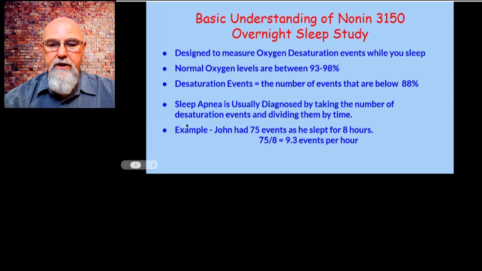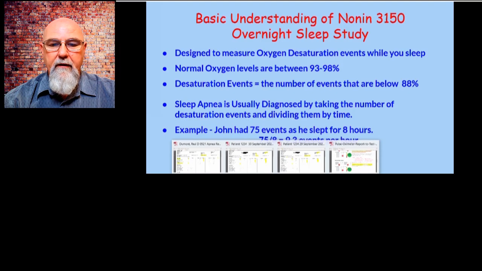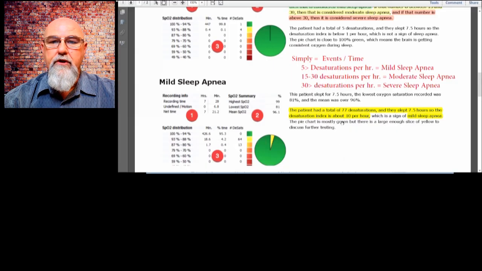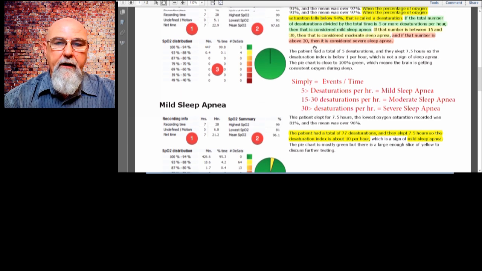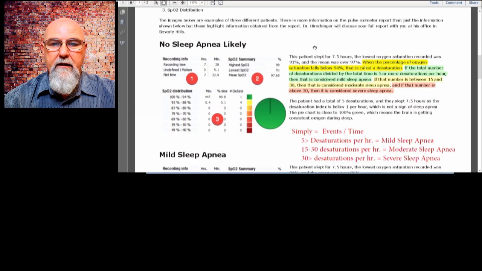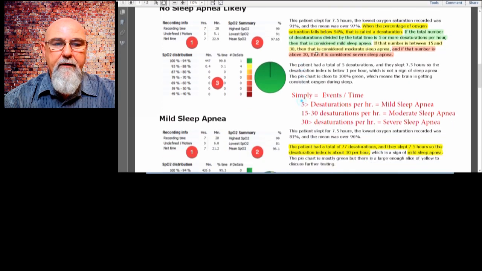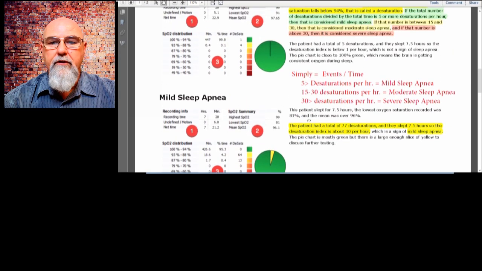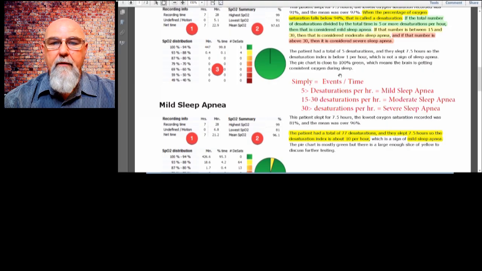Okay, so we kind of got a basic understanding. Let's go look at some tests so we can get an example. So I'm going to go over here to some tests that I had saved. And the first thing is we'll just kind of review this. This is an explanation of how sleep apnea is diagnosed, and it goes from no sleep apnea to mild sleep apnea on to moderate and severe. But I took all of it and I kind of simplified it into this area right here.